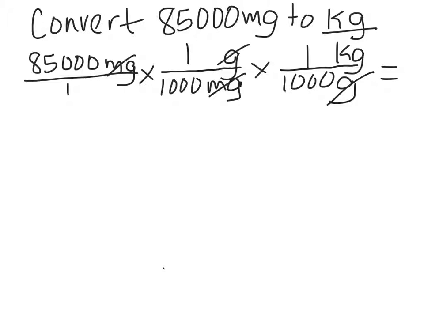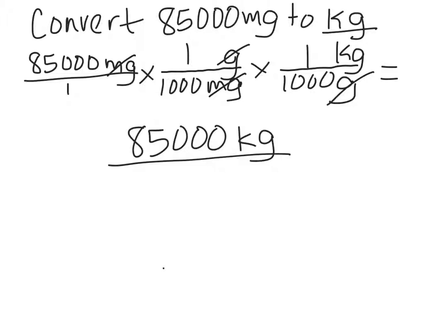Now all you have to do is the math. 85,000 times 1 equals 85,000. And our units were in kilograms.